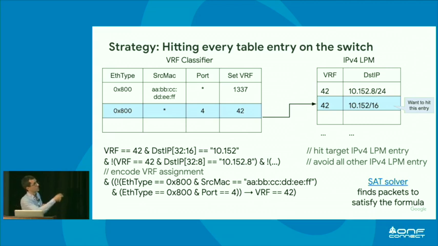So you think of this as classifying traffic into a small set of classes. So just a random number? That's right, and then matching on that. Yeah. VRF is a way to partition a single LPM table into multiple logical tables, where each logical table is identified by an ID. In this case, 42.